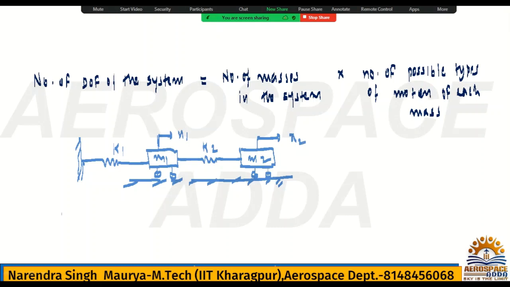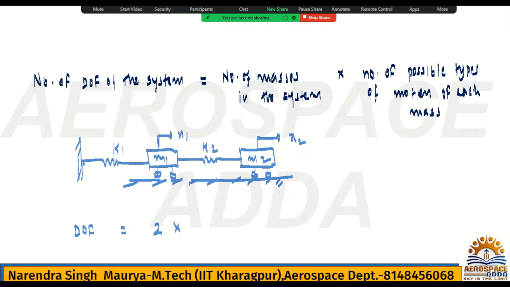If you want to find the number of degrees of freedom for this, number of masses in the system, how many masses do we have? 2. Now check the number of possible types of motion of each. How many types of motion? Obviously only one type of motion, and that is only in the x direction.